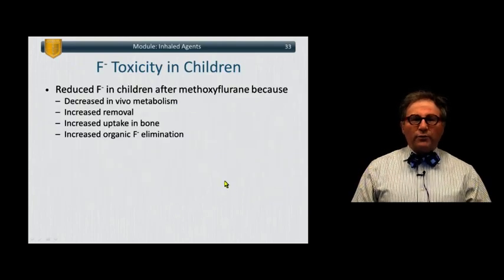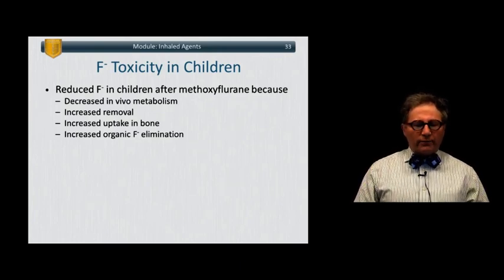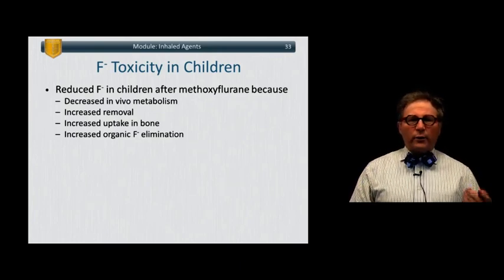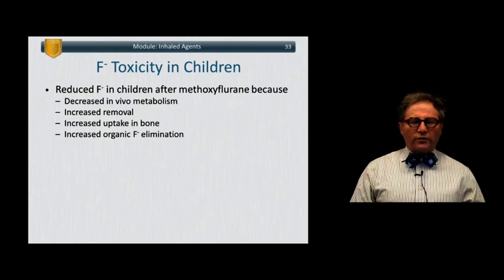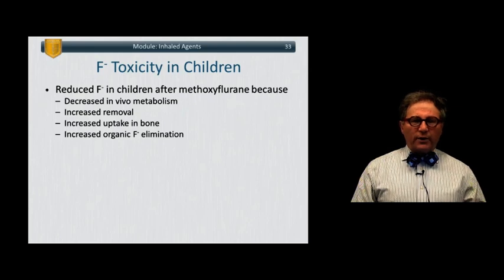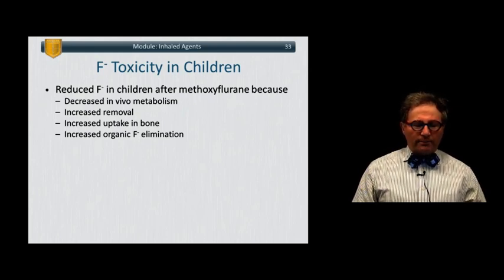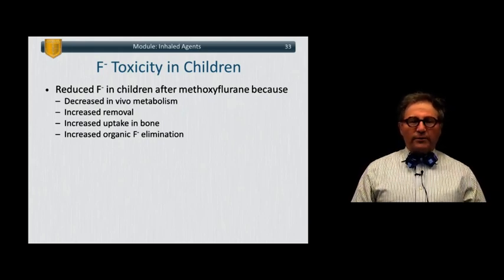So when sevoflurane was first introduced, questions and concerns arose regarding fluoride nephrotoxicity, because methoxyflurane, the prototypical inhaled agent that caused high output renal failure, had been attributed to high concentrations of inorganic fluoride released with this agent. The interesting thing is methoxyflurane never caused high output renal failure in children.